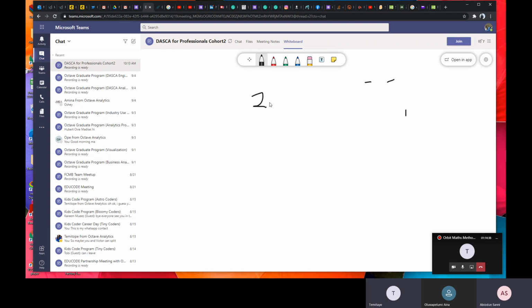So let's say I have something like this: 2x squared plus 6x plus 13. Since my coefficient of x squared here is not 1, I cannot just do my completing the square, and I'm going to have an issue because of this 2 here. So I'm going to make the coefficient of x squared to be 1.